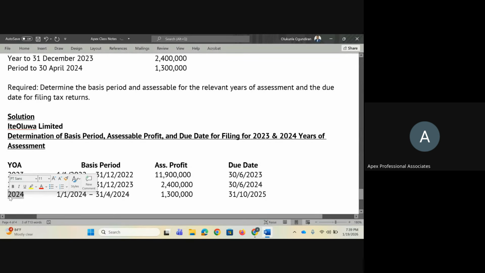That's 2024. So the profit, and then the due date for filing is going to be 6 months after this. Generally, the due date for filing is 6 months after. So 6 months after April is May, June, July, August, September, October. So October is the due date for filing for this one. Does it make sense?